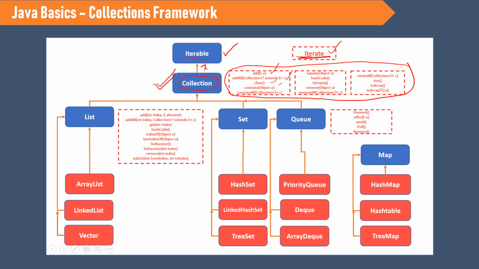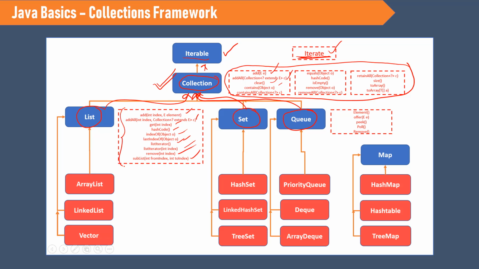Now some other interfaces, which are list, set and queue, are developed, which implement the collection interface. They define some additional methods also, which are add all, get, hashcode, index of, last index of, list iterator at index, remove at index, sublist.